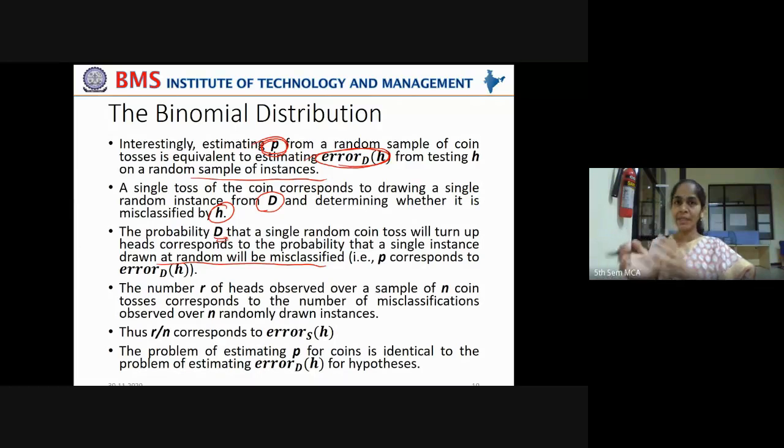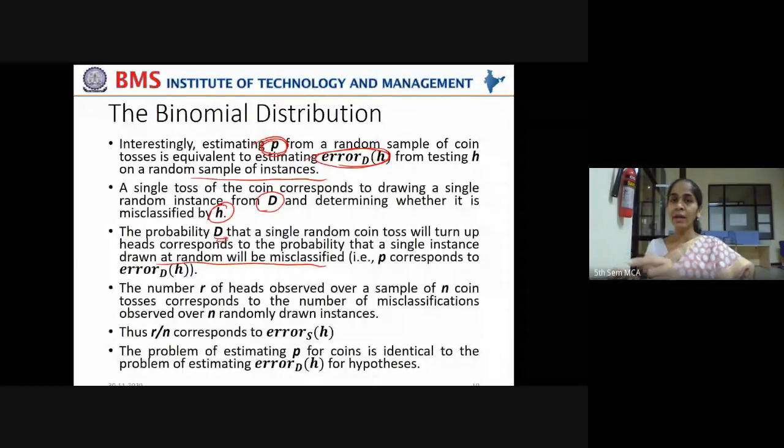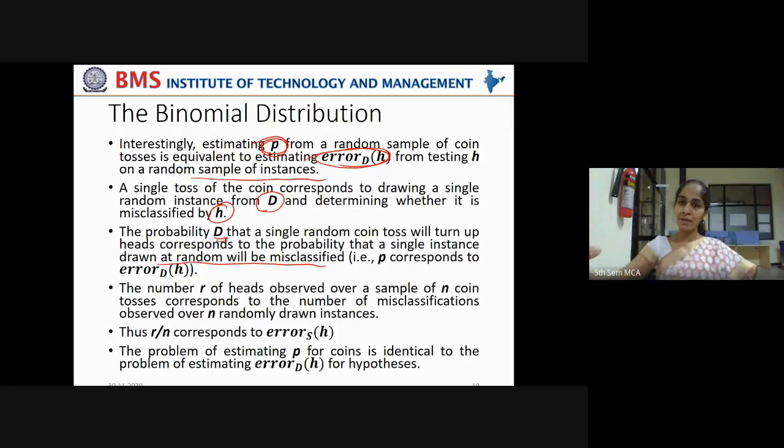If it is predicting correctly, there is no error. If it is predicting wrong, then there is an error. That is called the true error. Now, whether this true error is similar to your sample error is of interest. And if they are similar, then we say that the model is generalizable.